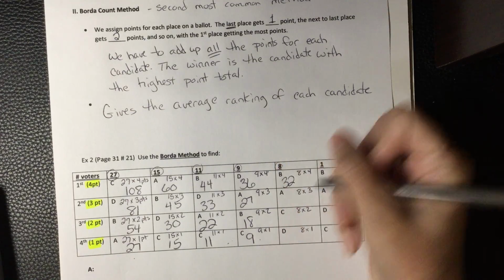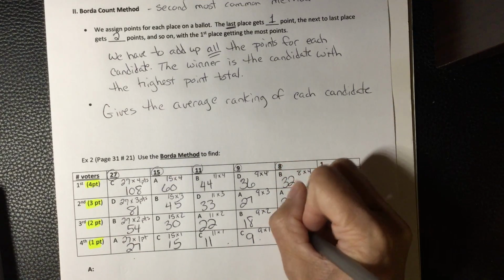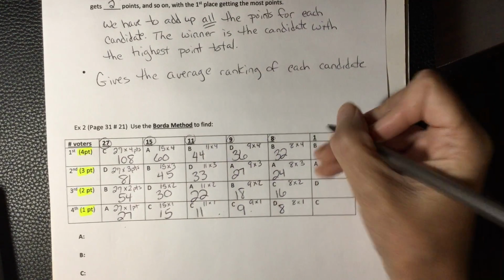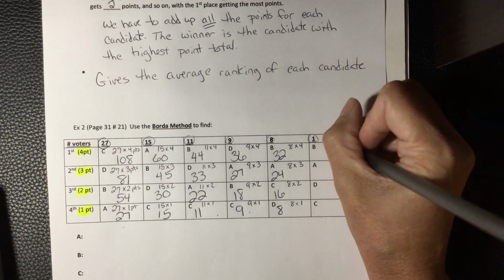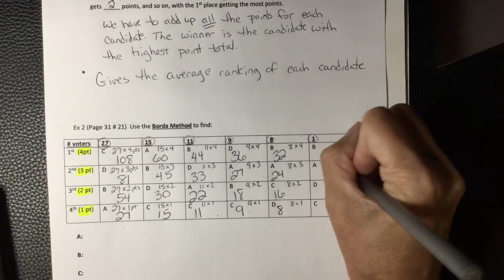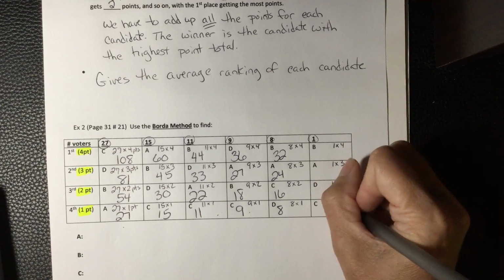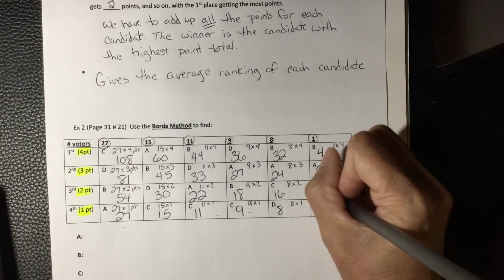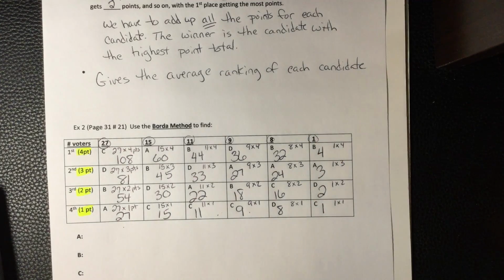So 32, 24, 16, and 8. Okay, our last one is only one vote for that one. So 1 times 4, 1 times 3, 1 times 2, 1 times 1. So that'll be 4, 3, 2, and 1.